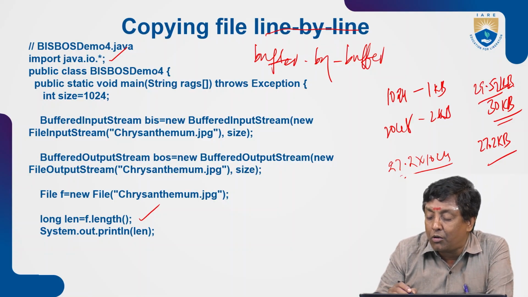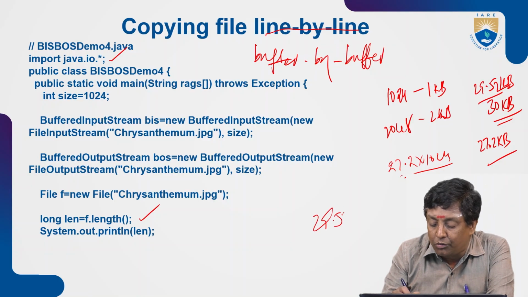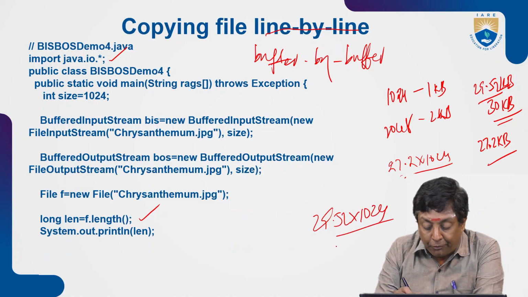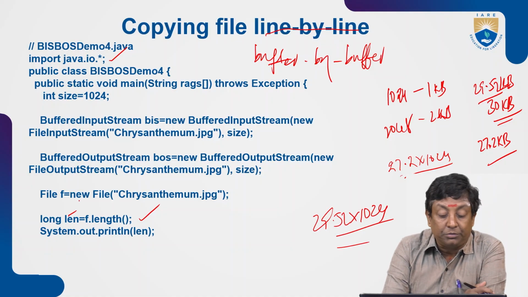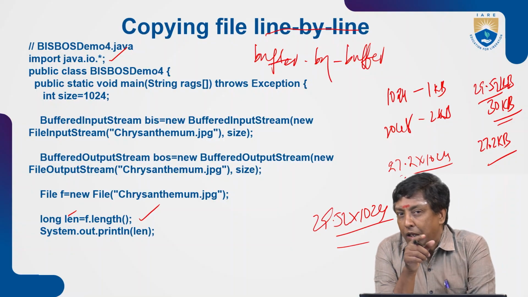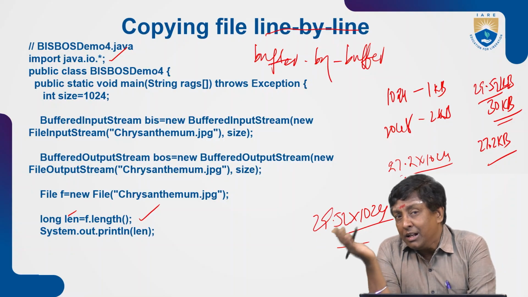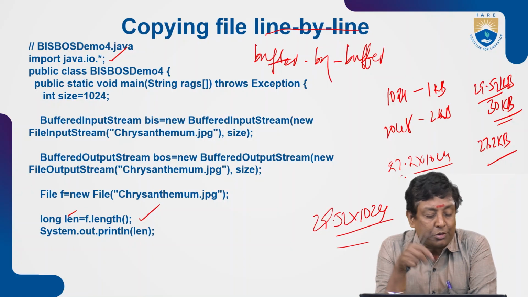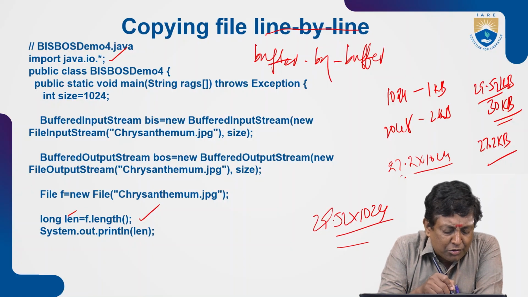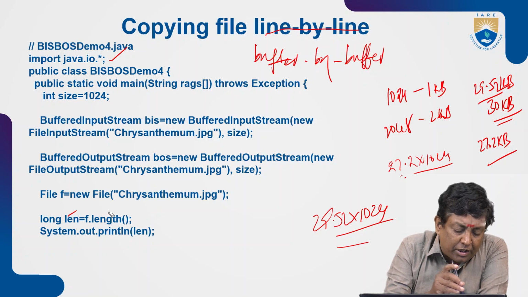If it is 29.52 KB, 29.52 into 1024 bytes, those many bytes will be returned. That's why the return type of the length method is not int. Because the file length may be more than the int range, the return type is long. We write SOP just for debugging sake.